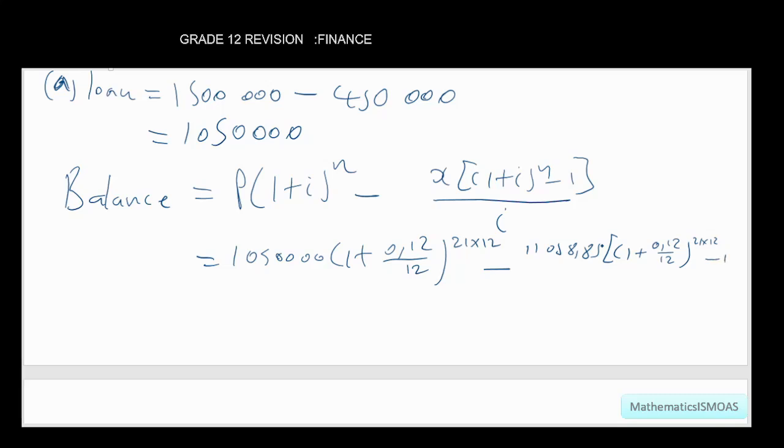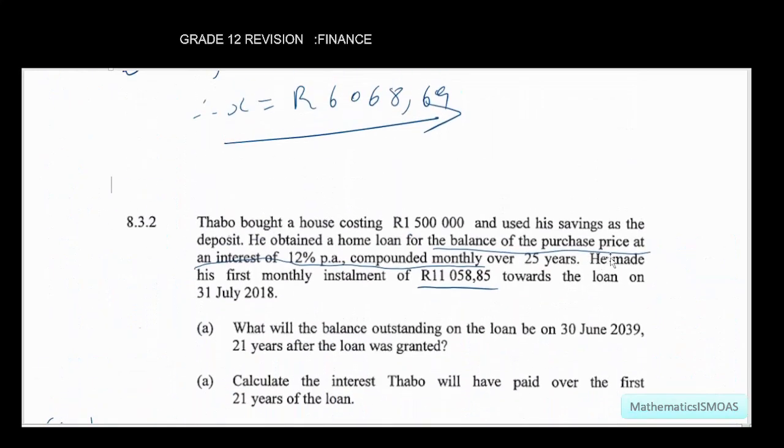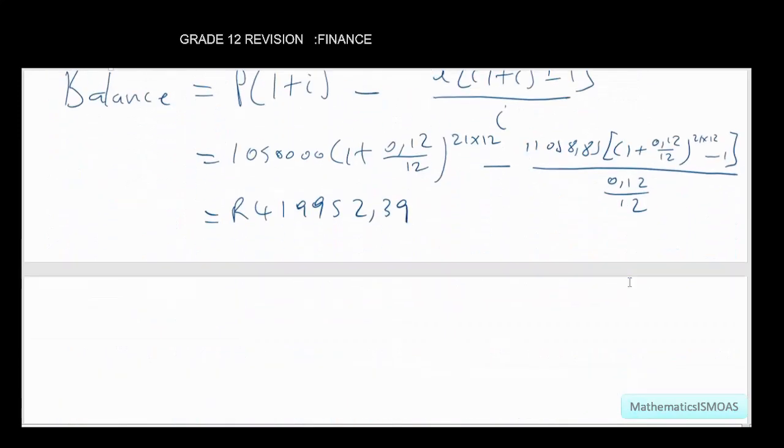Then we subtract 1, close the bracket, all divided by our i, 0.12 divided by 12. Then this will be equal to, use your calculator, and then we are getting 419,952.39. That will be the balance 21 years after the loan was granted.